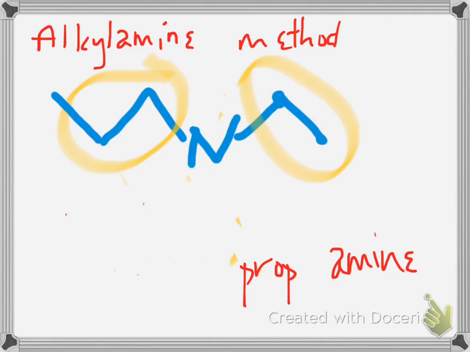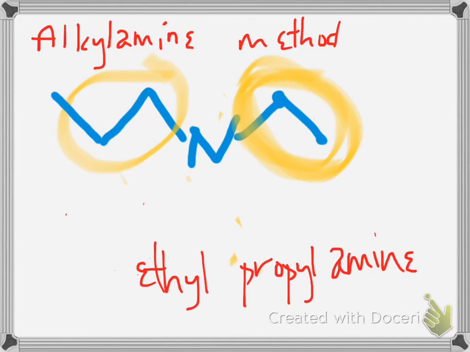So this is a propylamine. And then we have this side, and we have to give it a name, and it would be ethyl, since it has 2 carbons. However, we do need to give the ethyl group a locant, and here the locant is N, since it's hanging off of the nitrogen. So this is N-ethyl propylamine.